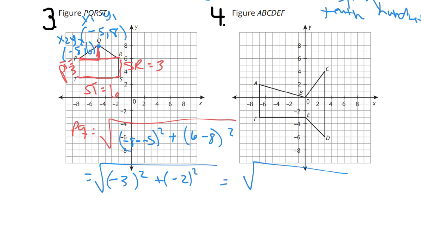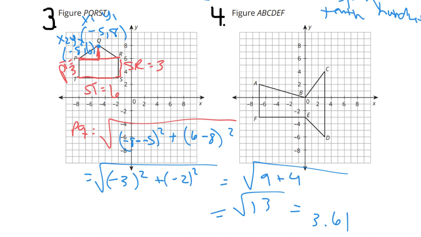And then -3 squared, that's 9, plus -2 squared, that's 4. So that's the radical 13. Okay, and then whenever you type that in the calculator, you're going to get 3.61. Now we have to find the one for, so that was PQ. Now we have to find QR.